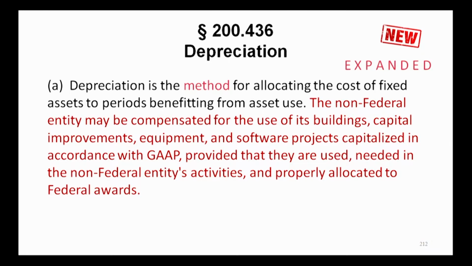So what's changed? What's new and expanded? Depreciation is the method for allocating the cost of fixed assets to periods benefiting from the asset's use. So the non-federal entity may be compensated for the use of its buildings, capital improvements, equipment, and software projects that are capitalized in accordance with GAAP, provided that they are needed in the non-federal entity's activities and properly allocated to federal awards.